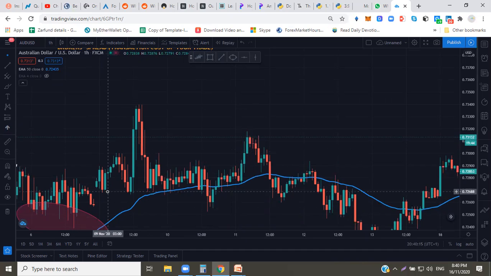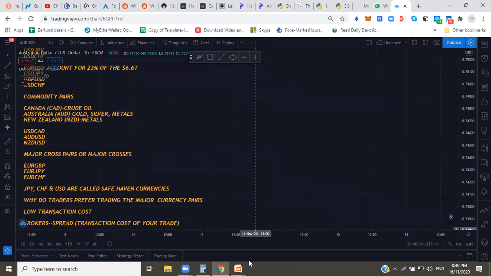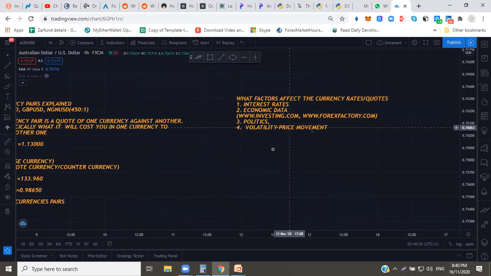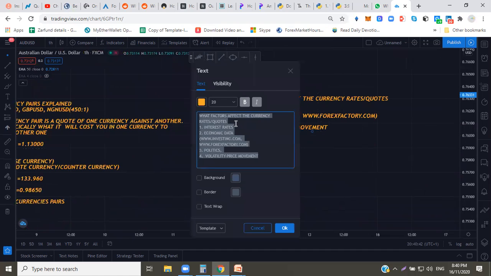So what's the difference? The difference is volatility. During the time this one was forming, there was a lot of volume in the market, a lot of buyers and sellers. During this time, there was very small volume in the market. That's what we mean by volatility. Whenever there's volatility, there will be a lot of price movement. Okay?